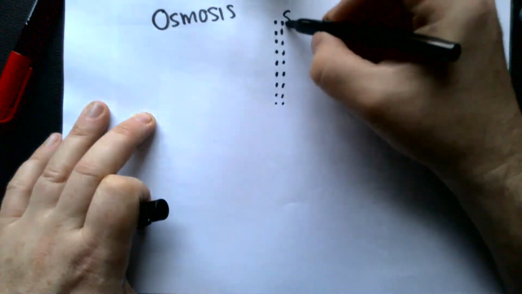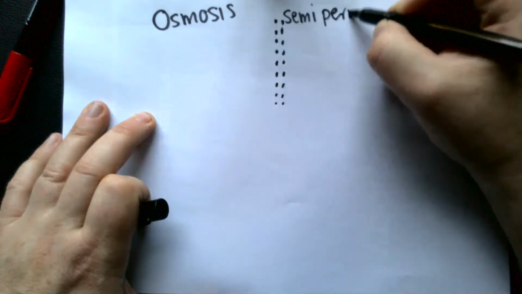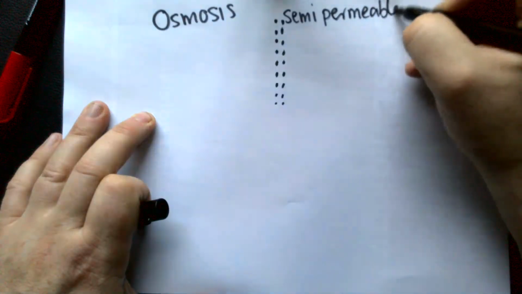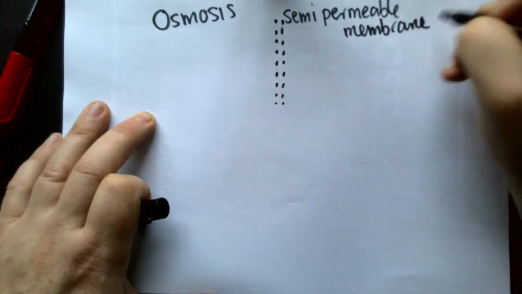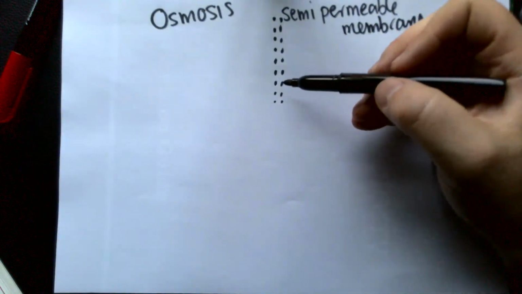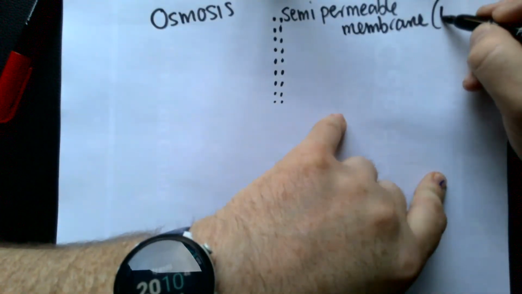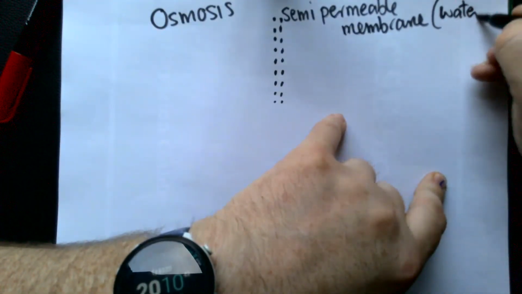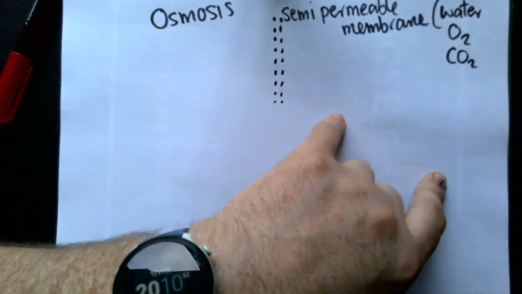And this is called a semi-permeable membrane. Because our cell membrane actually has little gaps in it. Now, they're really small, and they allow things like water or oxygen or CO2.